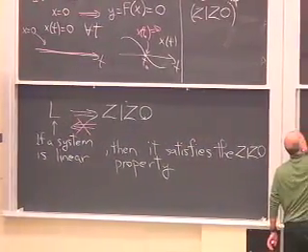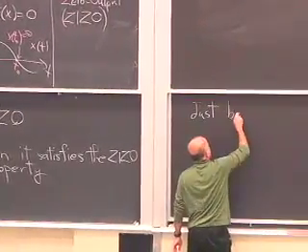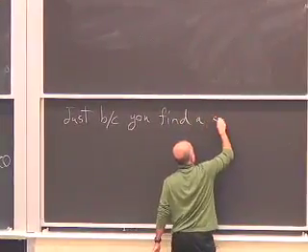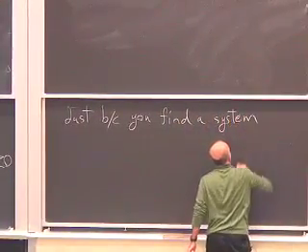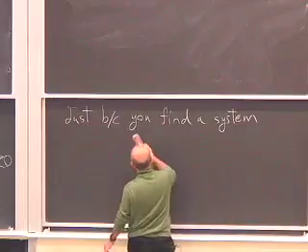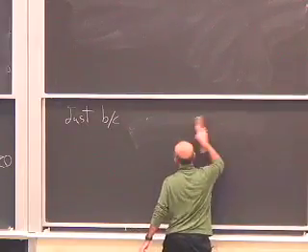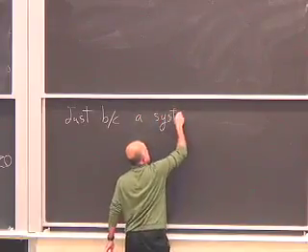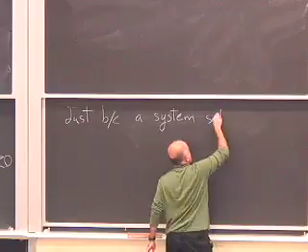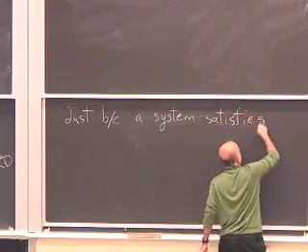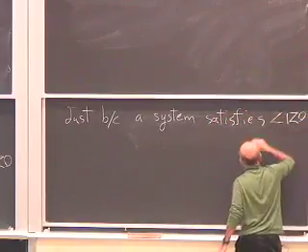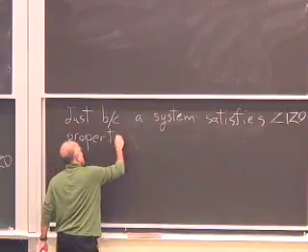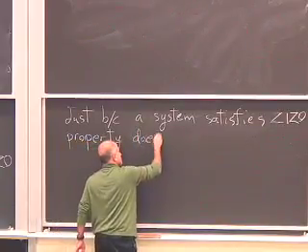Just because a system satisfies the ZIZO property, doesn't mean it's linear.